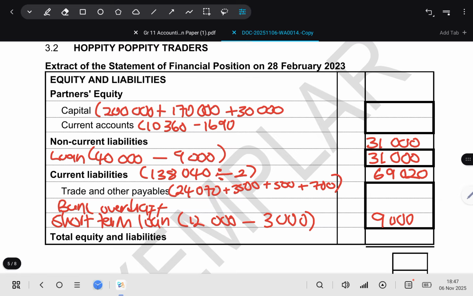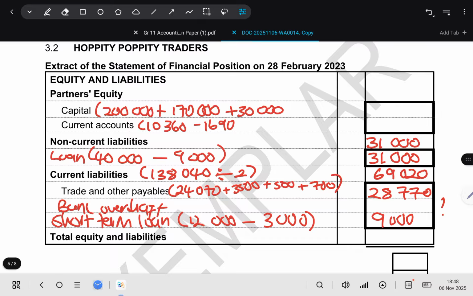So we say 24,070 plus 3,500, plus 500, plus 700, it gives us 28,770. So obviously our bank overdraft is our balancing figure here. Therefore we're going to say 69,020 minus 28,770 minus 9,000.